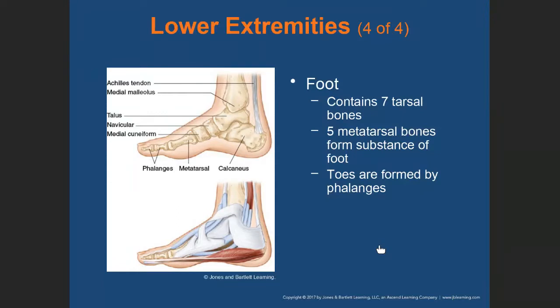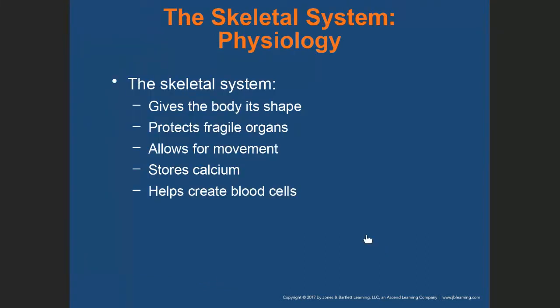The metatarsals form the foot portion, and then the toes are referred to as phalanges, just like the fingers. And that would be the structure of the skeletal system. And everything that was covered, you need to learn.